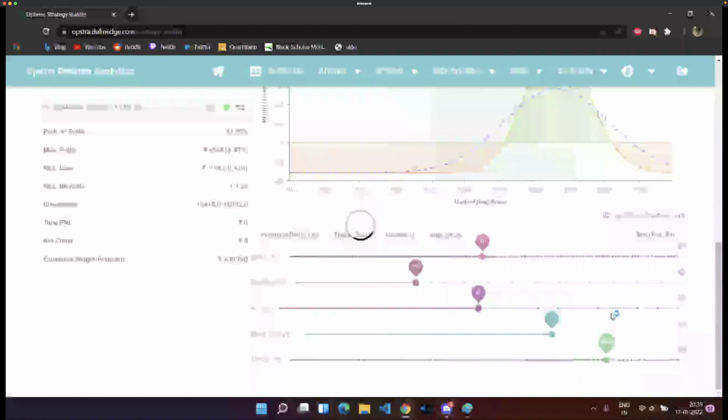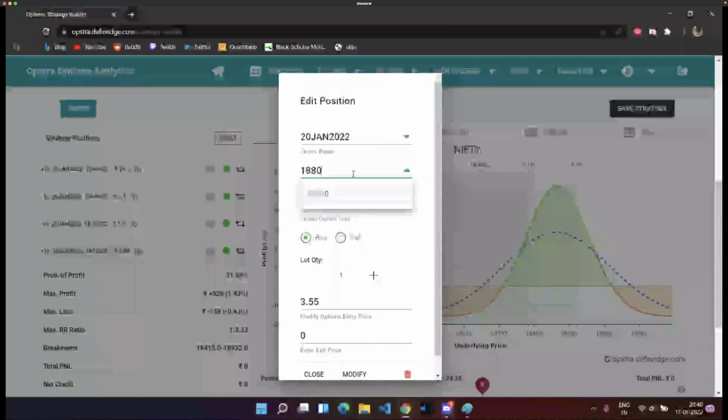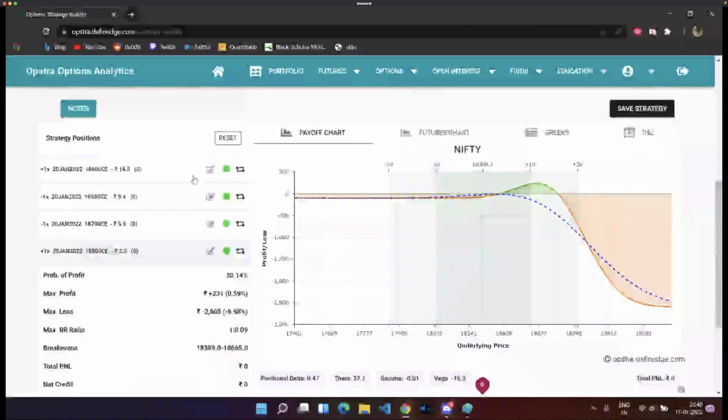So what if you break it now? So let's just take 17,800. Breaking is basically not maintaining the distance. Earlier we were doing 600, 650, 700, 750. Now I take 800 between 700 and 750. So like I just shifted my buy strike to 800. So you'll risk a lot.